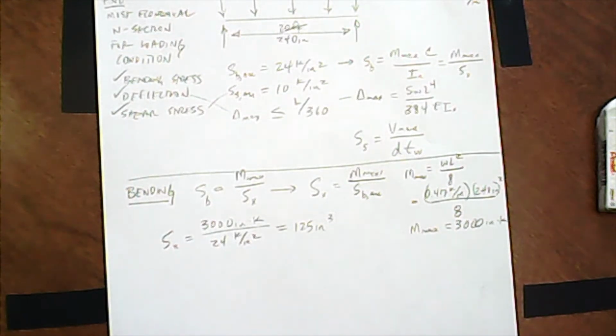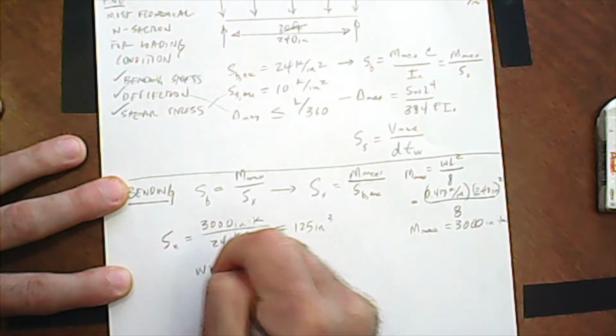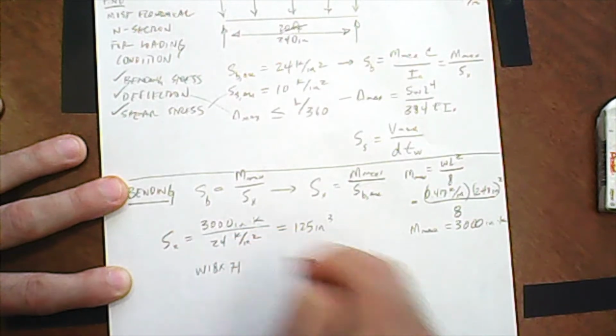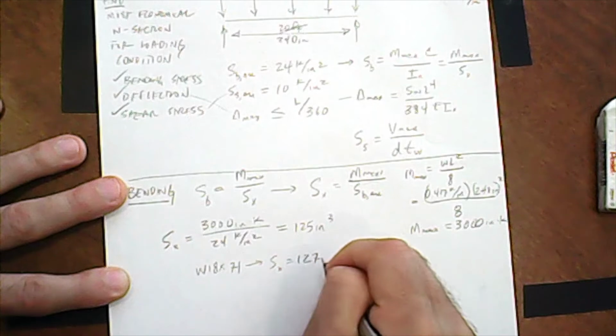In other words, W18 by 71 has an S sub x equals 127 inches cubed.